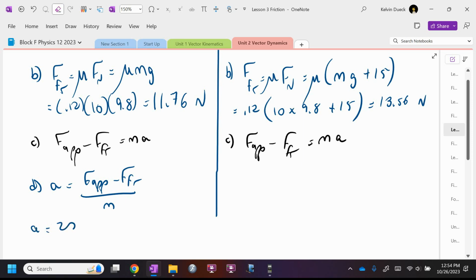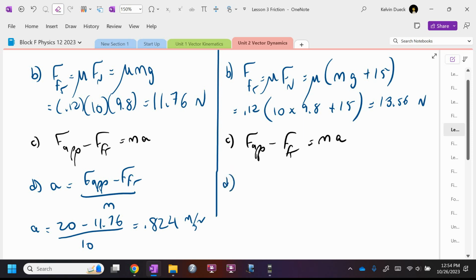F applied was 20, right? Minus 11.76, divided by 10. I should be able to do this in my head. 20 take away 11 is 9, take away 0.76 is 8.24, so 0.824, I think. Meters per second squared.